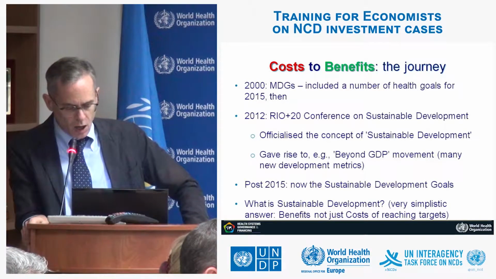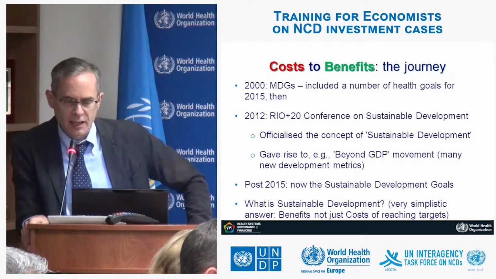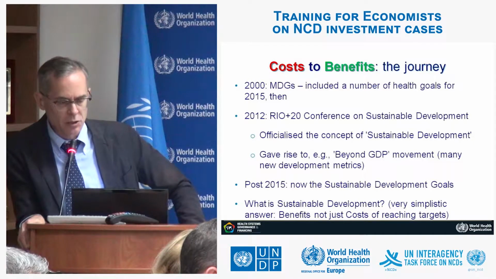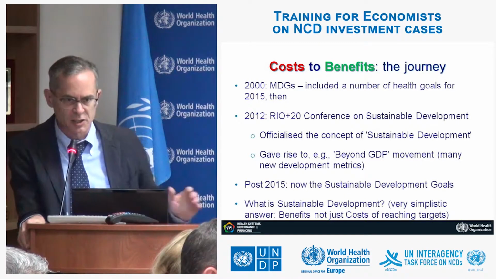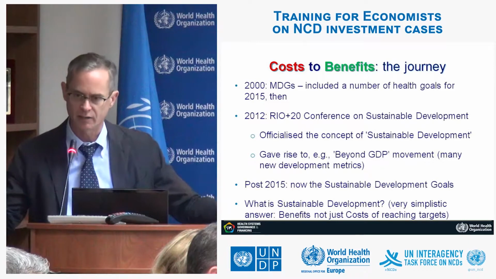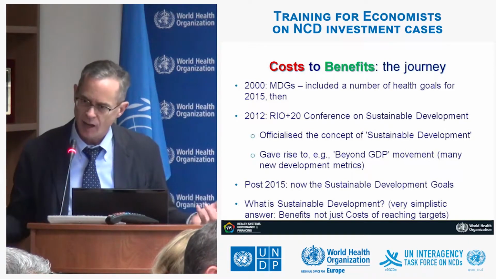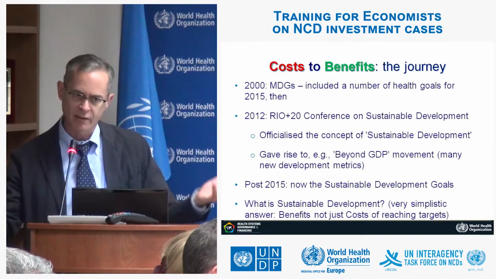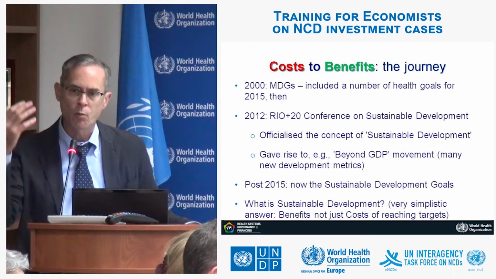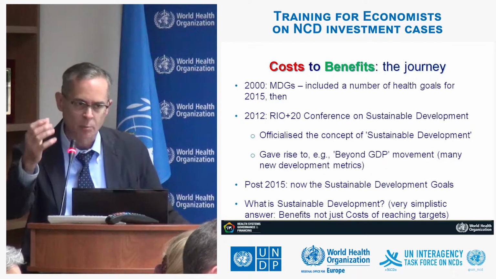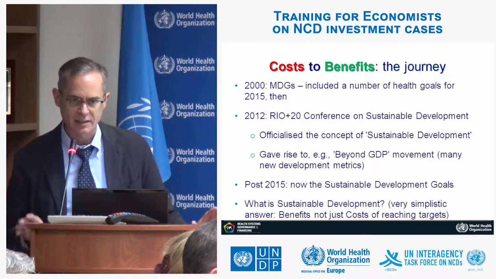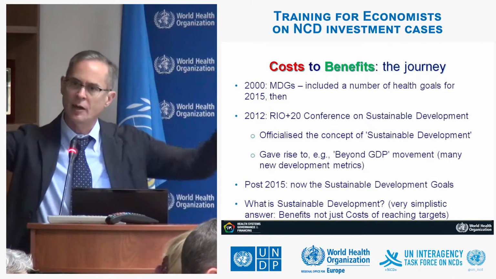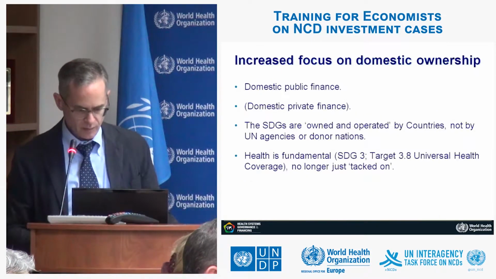So all of this is to say that a simplistic answer in terms of what has changed between the Millennium Development Goals and the Sustainable Development Goals, the world in which we're now living, is that we're not thinking about just costs anymore, but we're really thinking about benefits and how to value them and why those benefits are important for development. That's the key. So development means benefits. It doesn't mean just some kind of global targets.